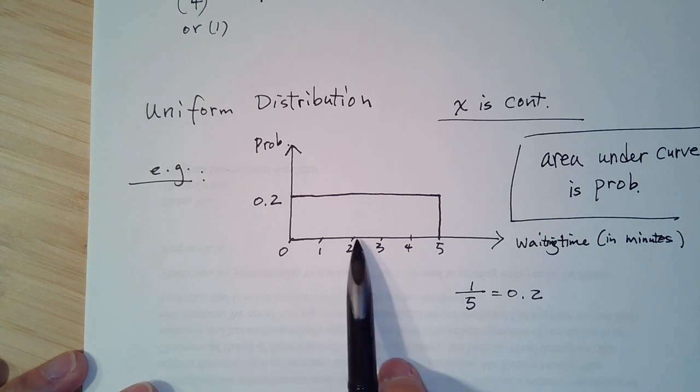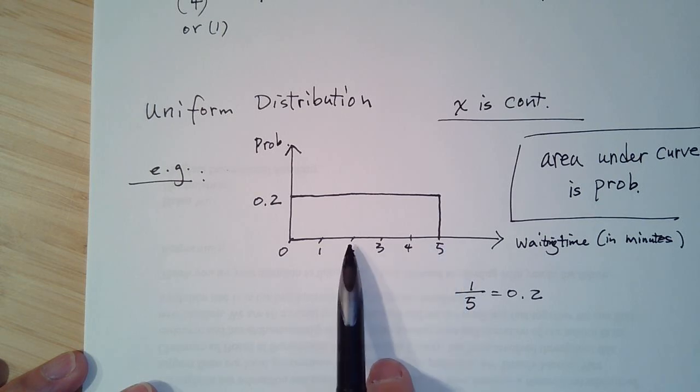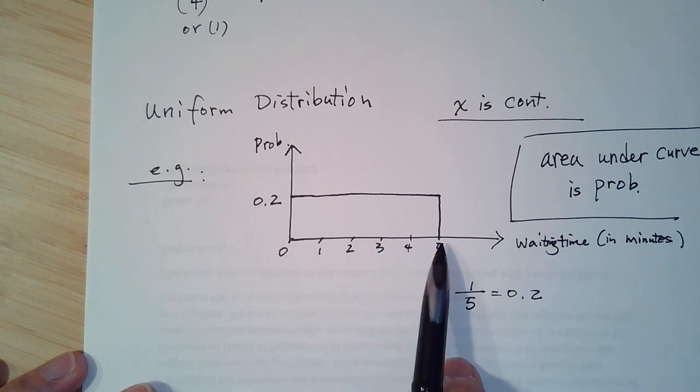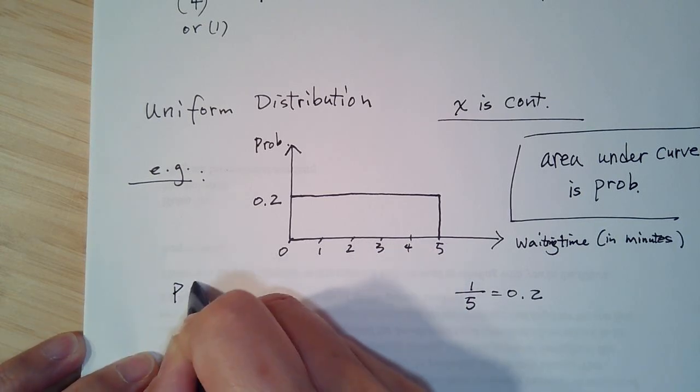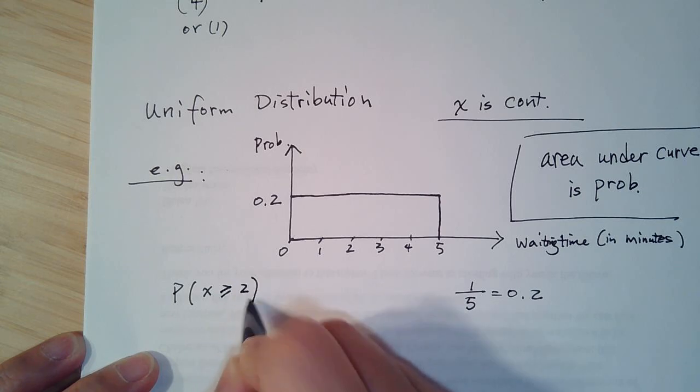At least 2 minutes means from 2 minutes to 5, right? More than 2 or more. At least 2 or more. So that means from 2 to 5. What is the probability that, you're going to write this, x is greater than 2?